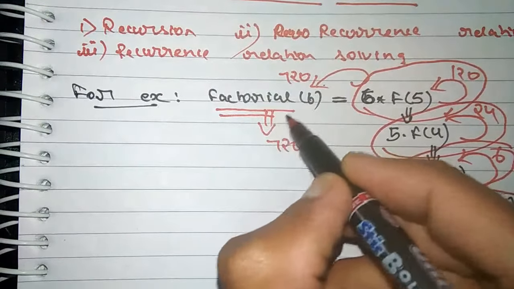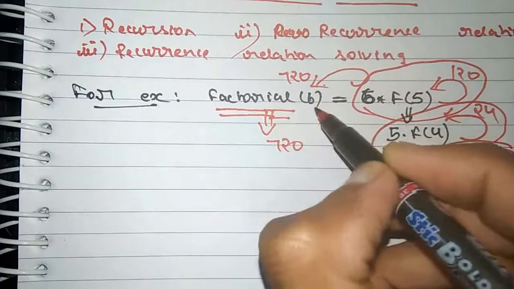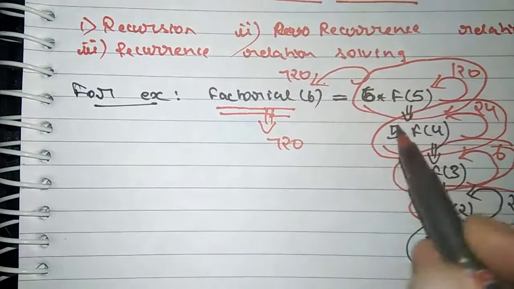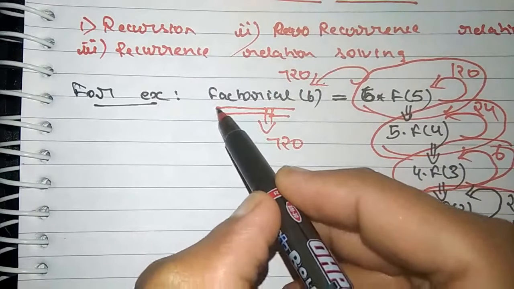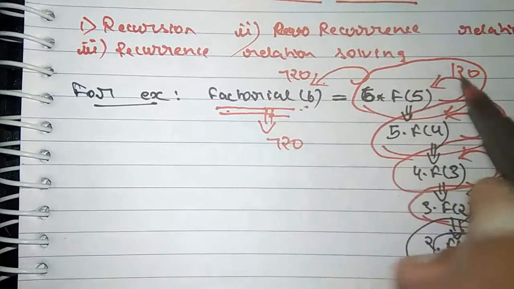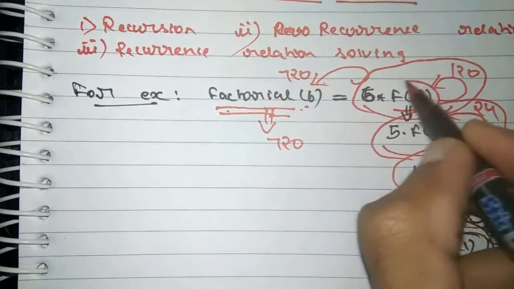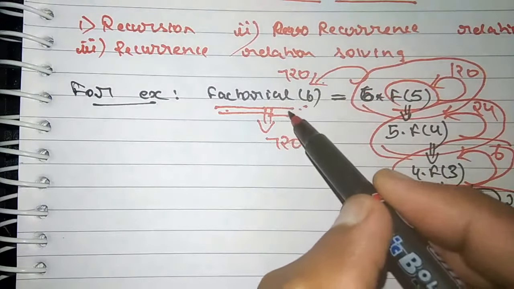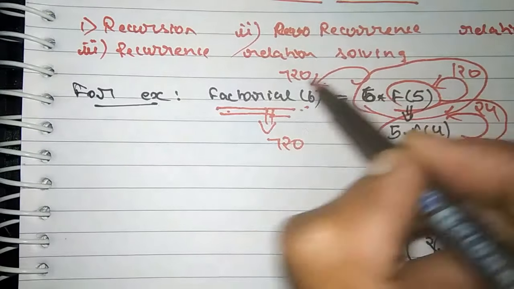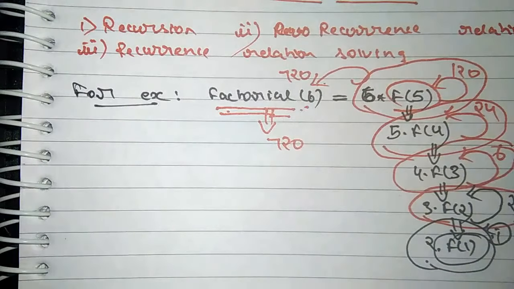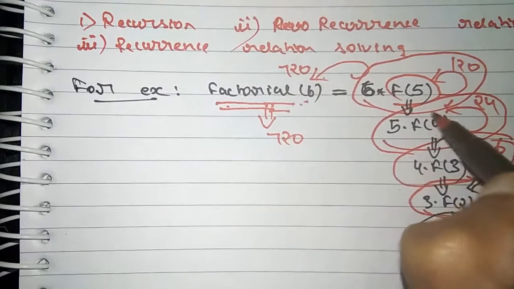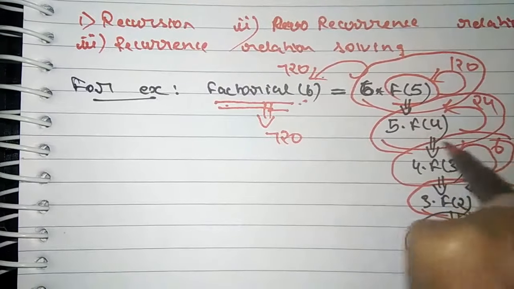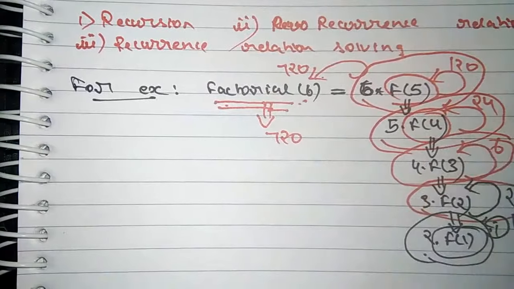We calculated this factorial of 6 by calling the same function again and again. To find the factorial of 6, we need to find the factorial of 5. Means we called the factorial of 5 to find the factorial of 6. In order to find the factorial of 5, we required factorial of 4.